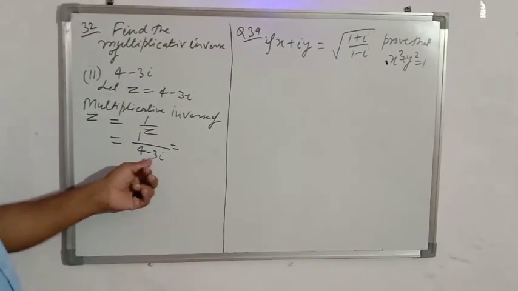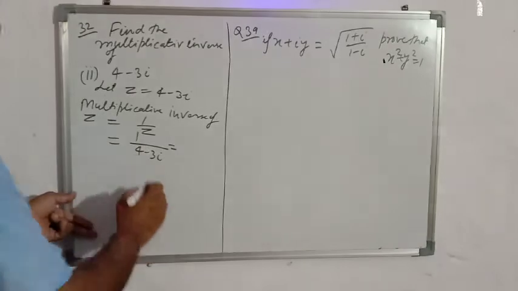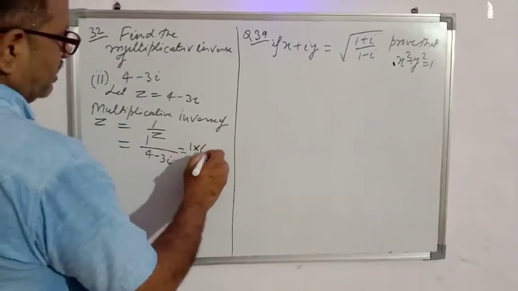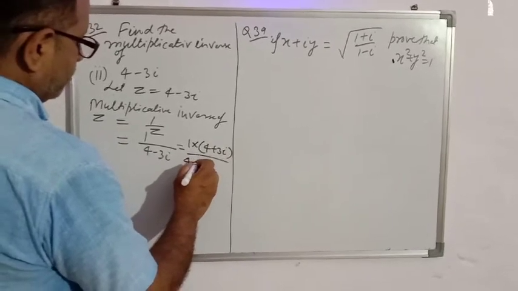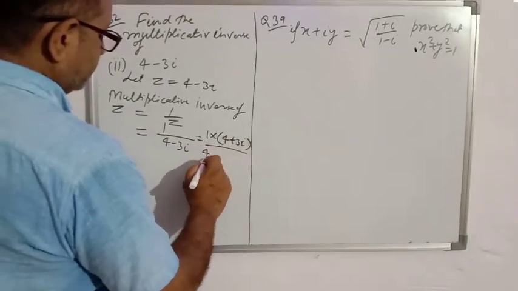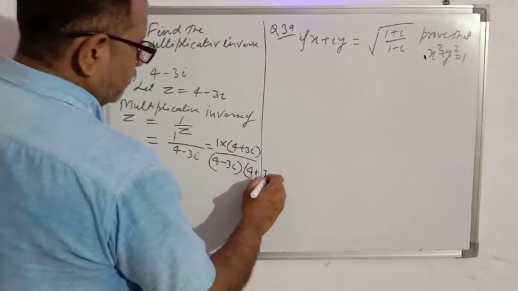What is the conjugate of the denominator? 4 plus 3i. So multiply both numerator and denominator by 4 plus 3i: 4 minus 3i into 4 plus 3i.